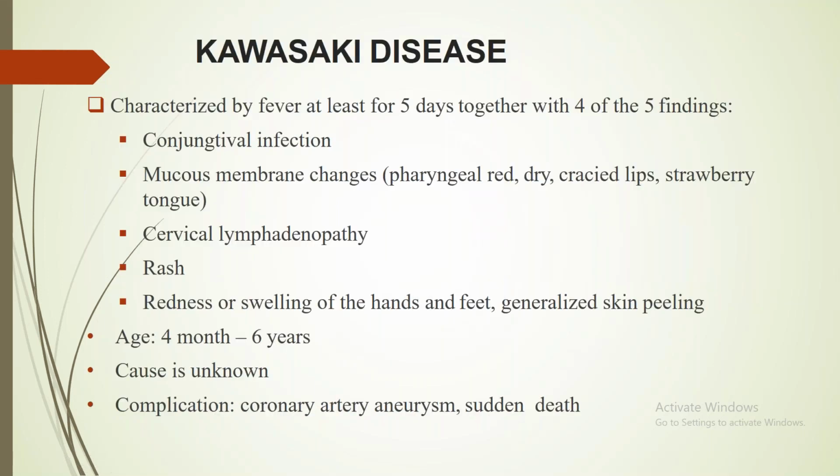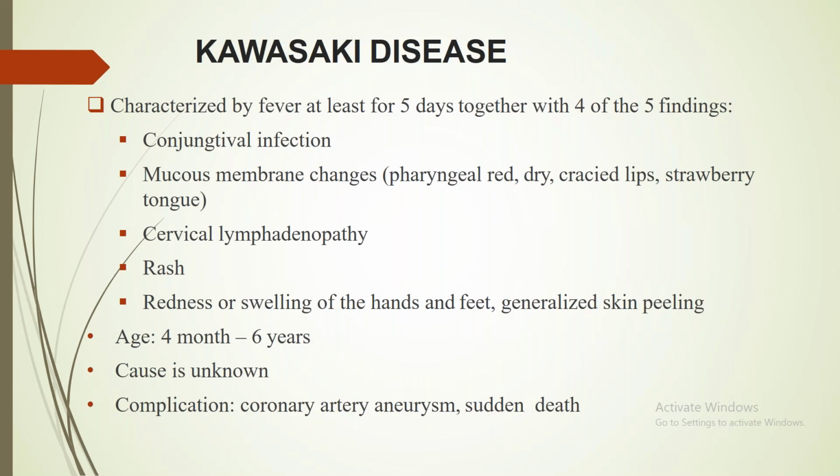Now Kawasaki disease. Kawasaki disease is one of the autoimmune manifestations with involvement of vasculitis. So that is the category under which Kawasaki disease will present. As for how to diagnose it, there is fever for at least 5 days, and along with that there should be 4 of the 5 features present.